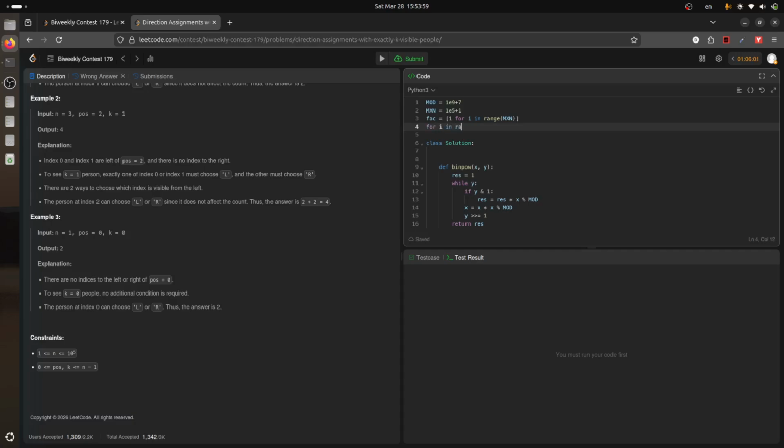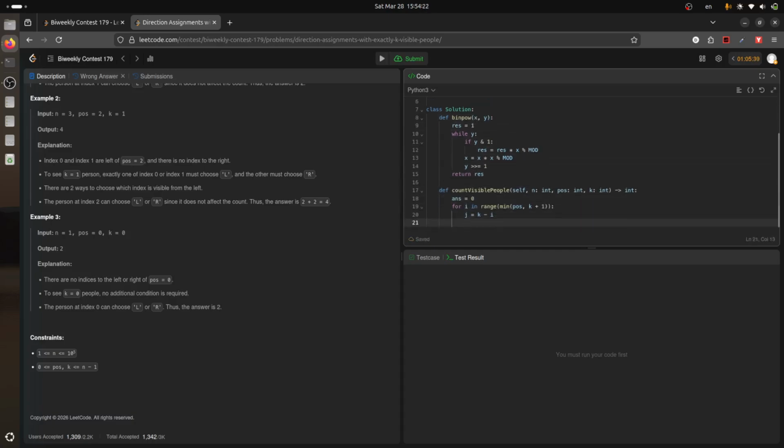For i in range max n, factorial i times fac i minus 1. Not sure if that will pass, but whatever. And then we need like def ncr, self is the first argument.